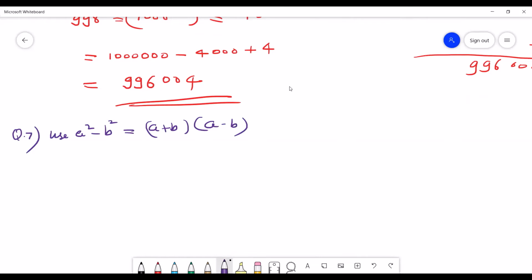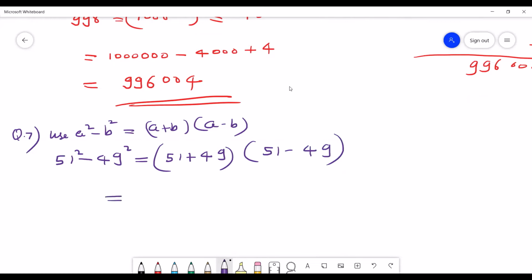So here we have 51 square minus 49 square. So a is representing 51 and b is representing 49. So this will become 51 plus 49 into 51 minus 49. So this is equal to 100 into 2. So this will equal 200. So we are getting the answer very easily. The answer is 200.